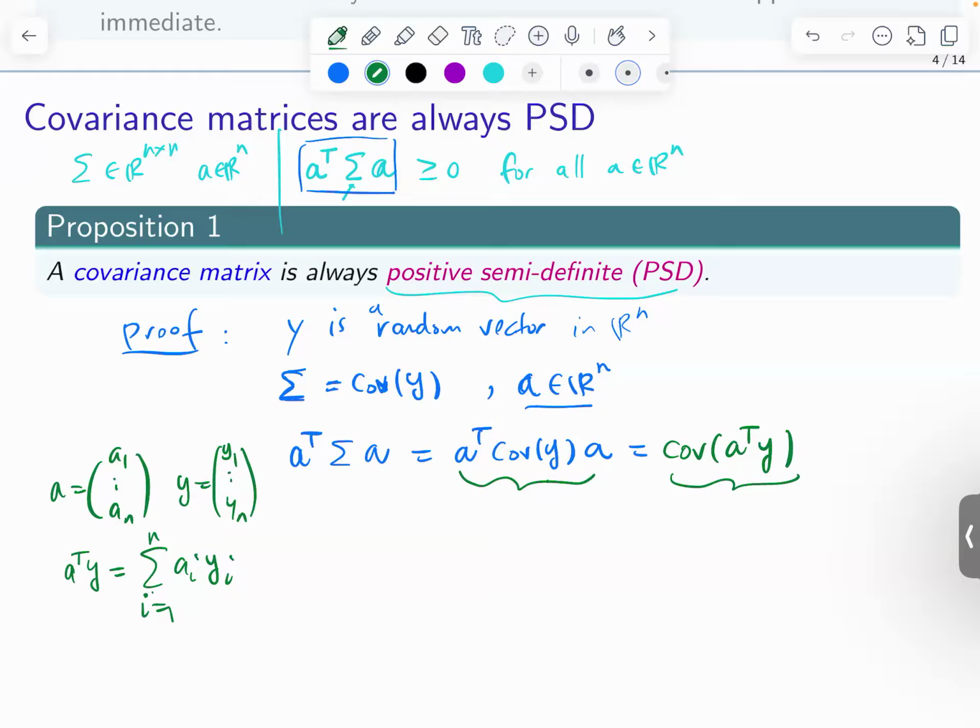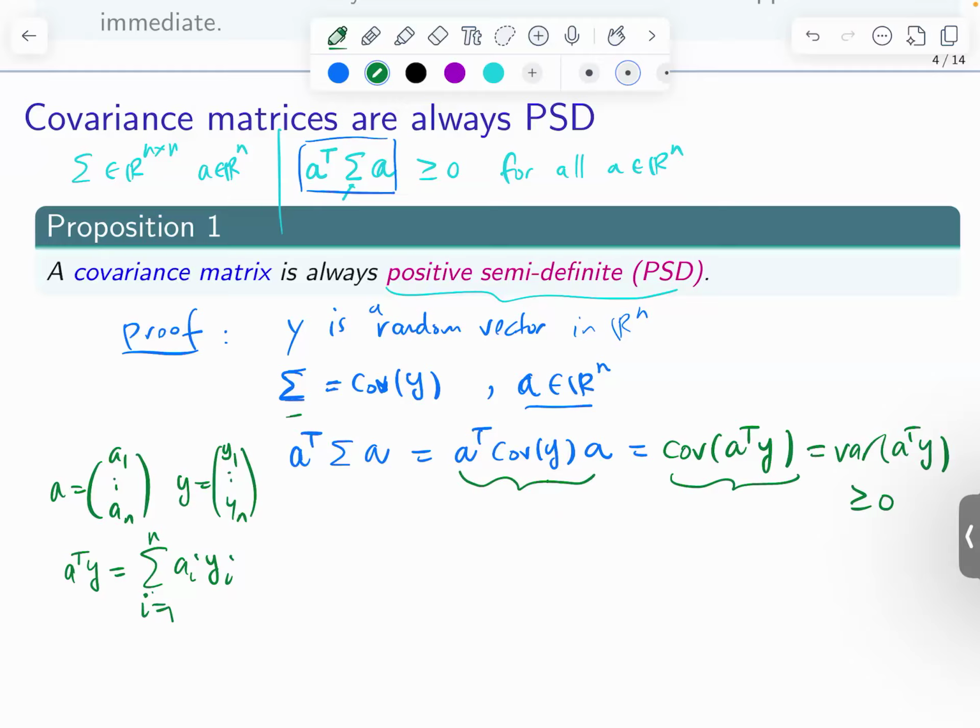So this is a dot product, or just a linear combination of the elements. In particular, it's a scalar. So what is the covariance matrix of a scalar? It's like a 1 by 1 matrix. It has one entry. What is that entry? Yes, just the variance of A transpose Y. And what do we know about the variance? It's always non-negative.